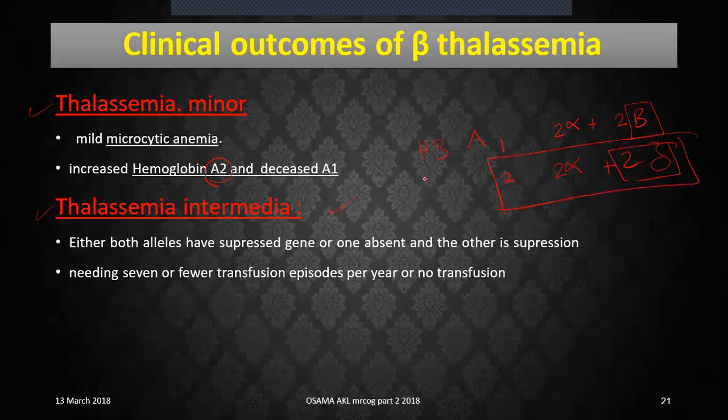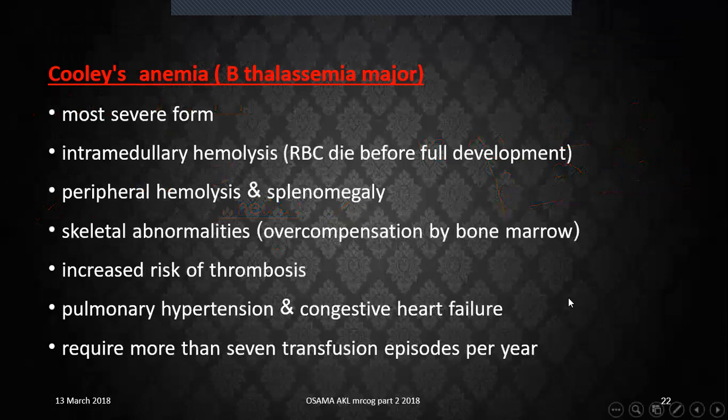Thalassemia intermediate, one gene is affected and the other is partially affected, so it has many clinical pictures according to the severity. This patient needs transfusion or not, and they may need less frequency of transfusion per year.